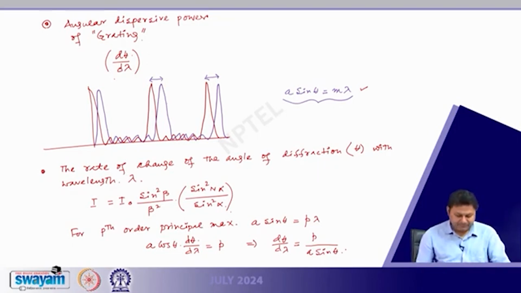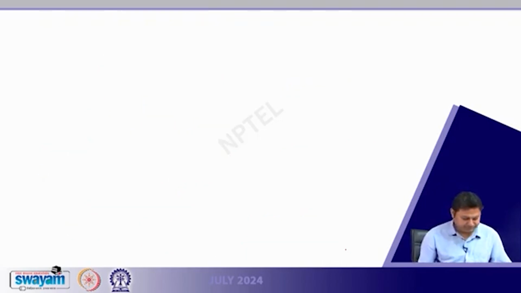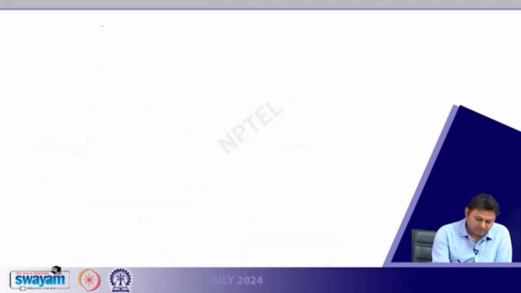So, that means d theta d lambda is proportional to 1 by A for a given P and theta.